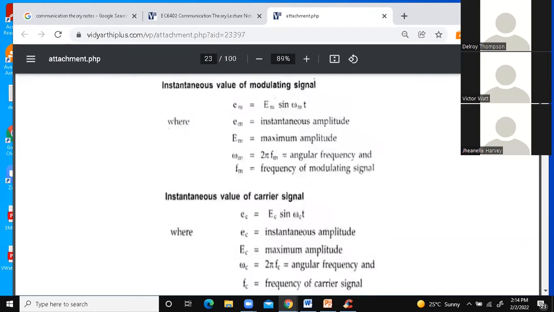At any point in time, remember your signal is a combination of your information signal and your carrier signal. That's your modulated signal.